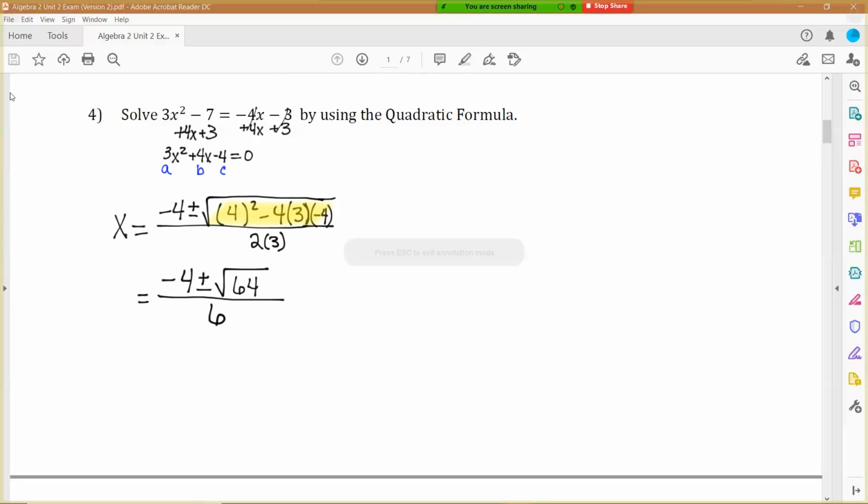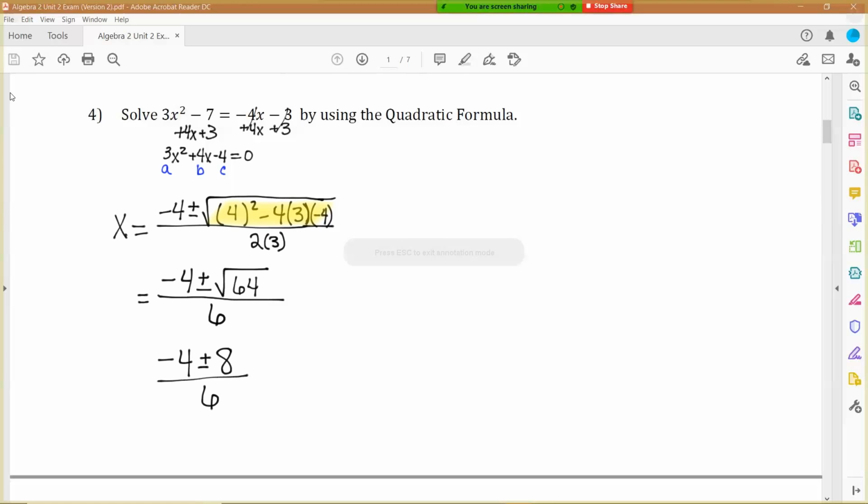So when I type that highlighted portion into my calculator, I got 64. You have to decide, is 64 a perfect square? Yes, 64 is a perfect square. So we're going to take the square root of 64, and what's it give us? The square root of 64 is 8. The square root symbol's gone.